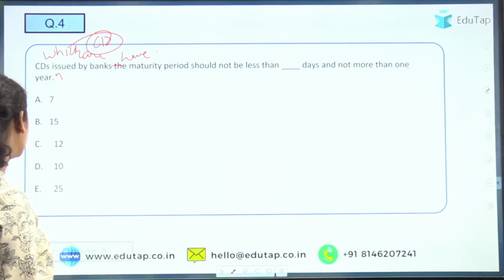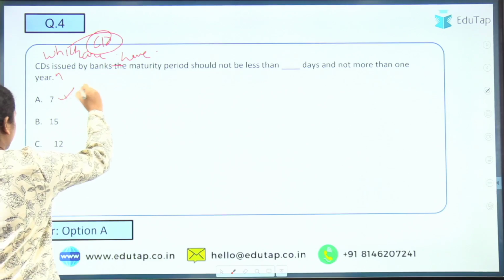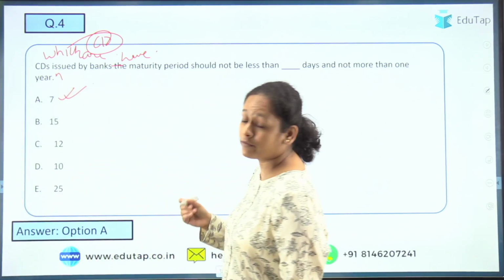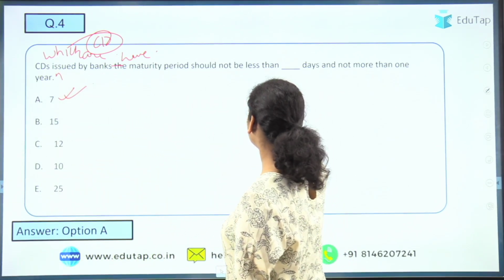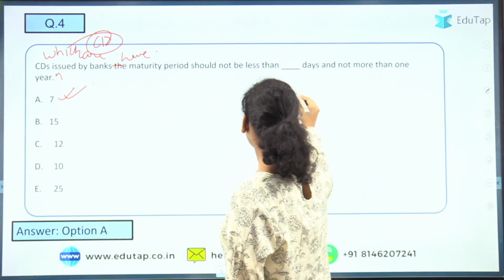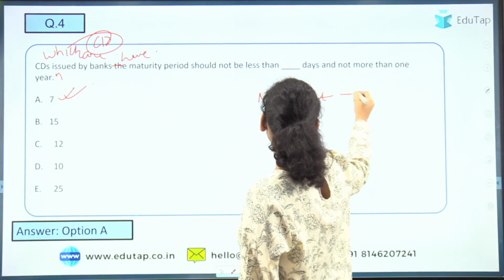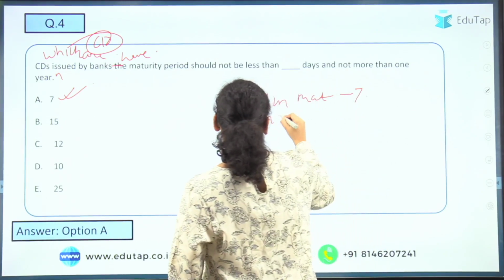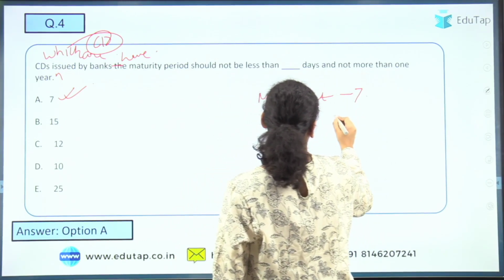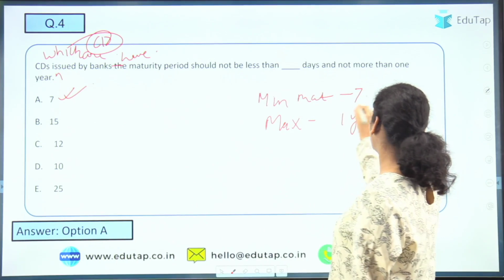Now the correct answer to the question is 7 days. So which means now we understood what is a certificate of deposit. So the minimum maturity is 7 days and the maximum maturity period is not more than 1 year.